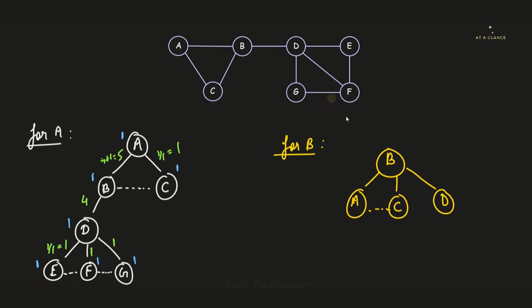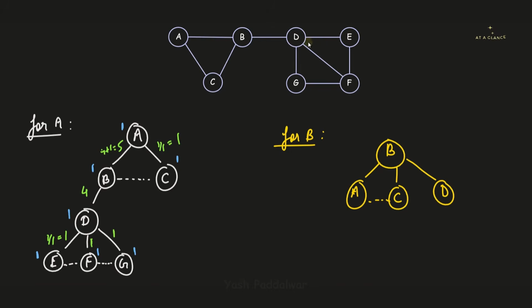Now, when we talk about D, D has three children, E, F, and G. So let's write that: E, F, and G. Now, over here you can see that E and F are connected as well as F and G are also connected. So that's it. Now we'll have to calculate the node weights of every single node.